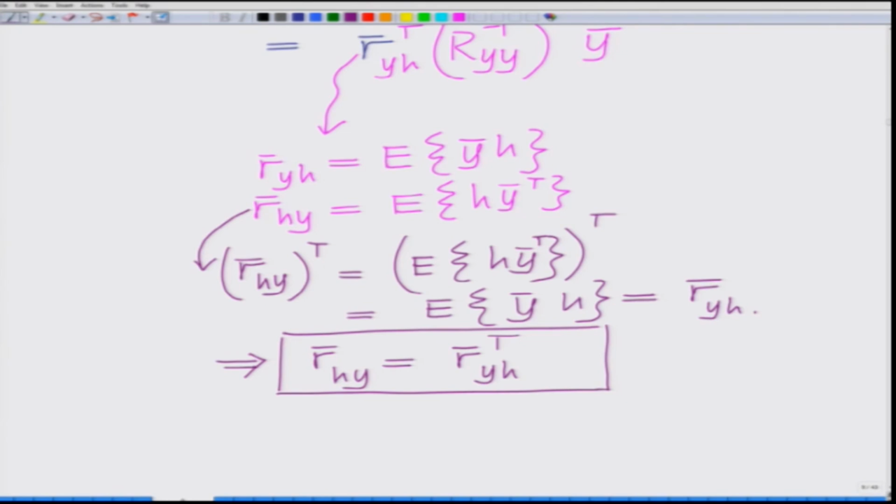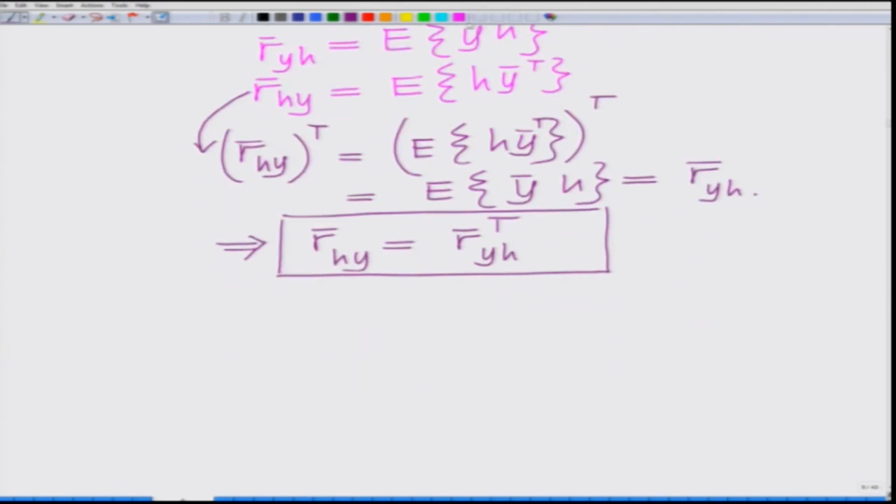And further, if you look at this quantity R_YY inverse transpose, realize that R_YY equals expected Y bar Y bar transpose, this is a symmetric quantity, correct.